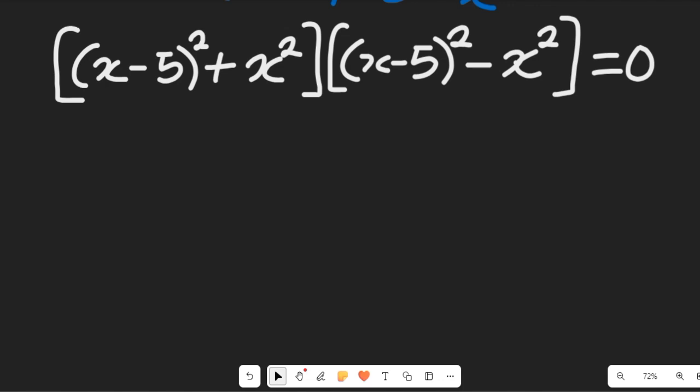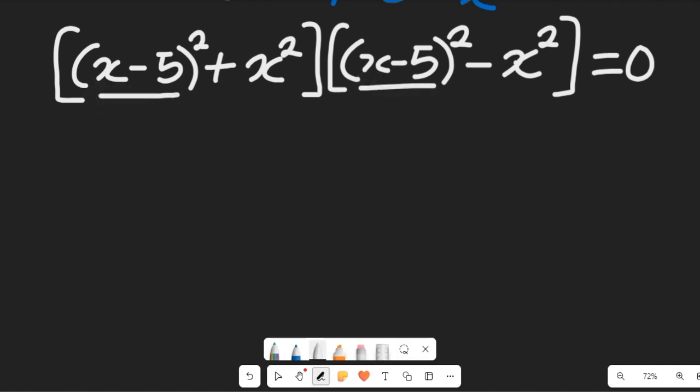To simplify this, we are going to simply expand this expression, (x minus 5) squared and (x minus 5) squared. If we expand them, remember the algebraic expression.